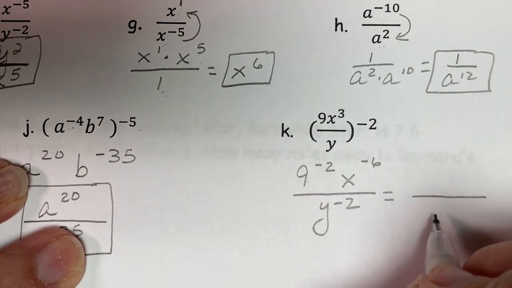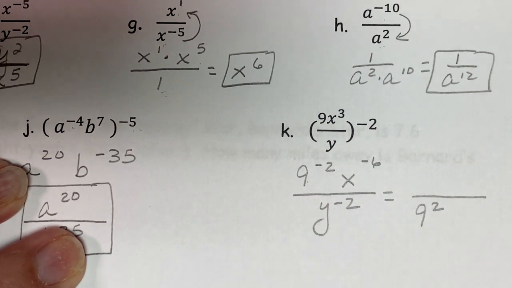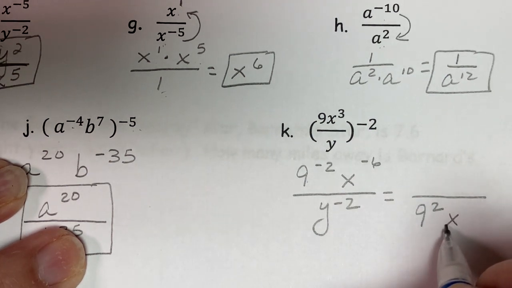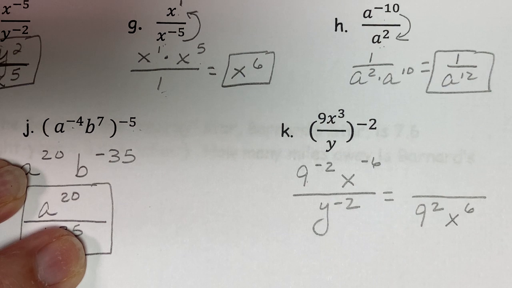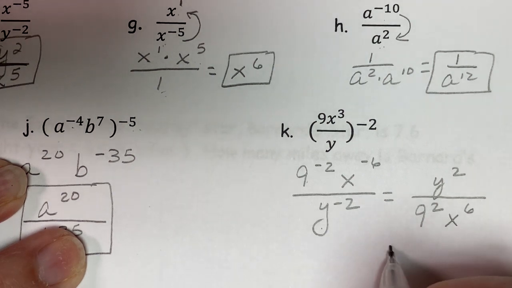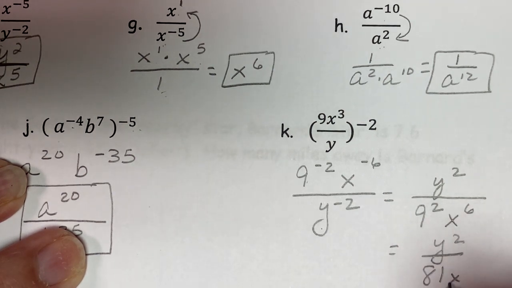So this 9 to the negative 2 will go downstairs and become 9 squared. X to the negative 6th goes downstairs and becomes x to the 6th. And downstairs we have y to the negative 2 that's going to go upstairs and become y squared. So we're going to have y squared over 81x to the 6th.